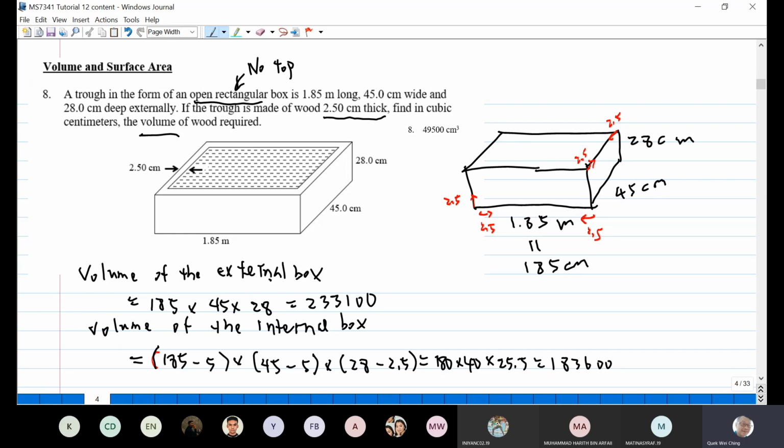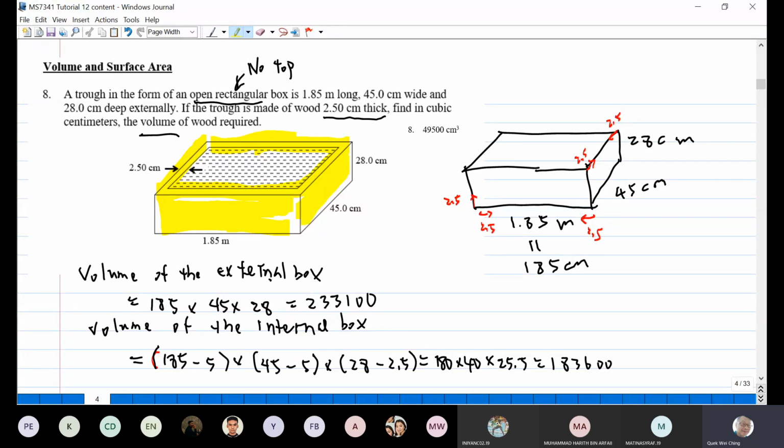Okay, so how much wood is required now? Volume of wood required, you can subtract them. This is the wood here, after you cut the corner 2.5 cm, right?